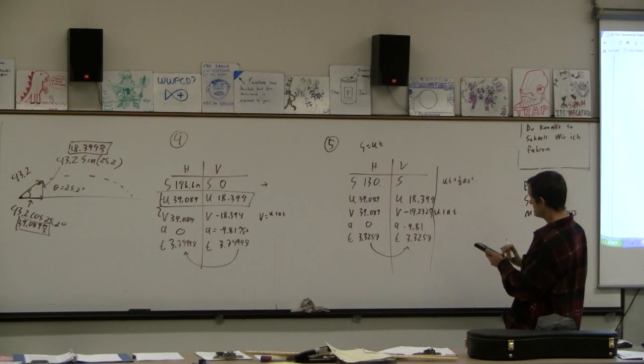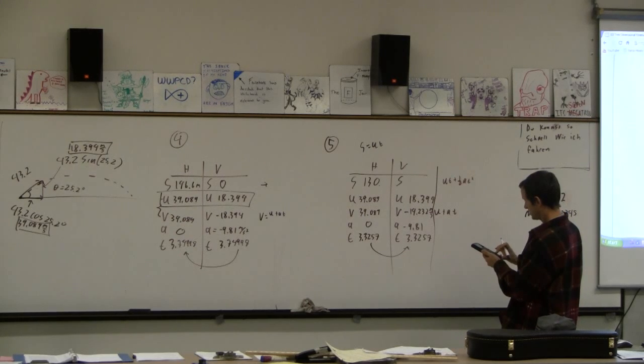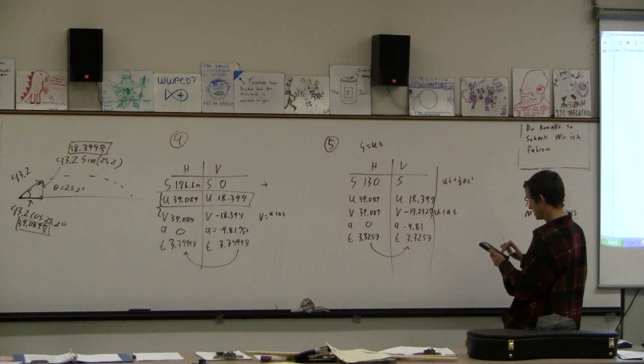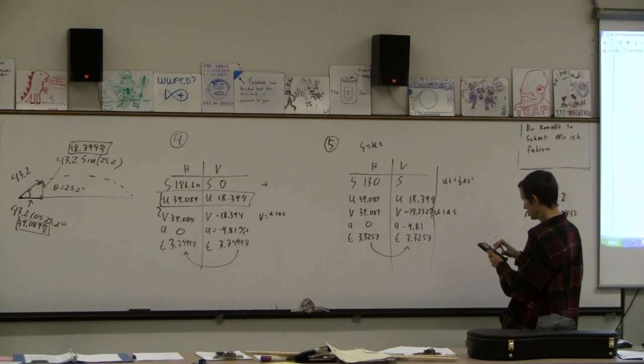Okay, so 18.394 times t plus 0.5 times negative 9.81 times t squared. Whoops. Good God. Okay, there we go.